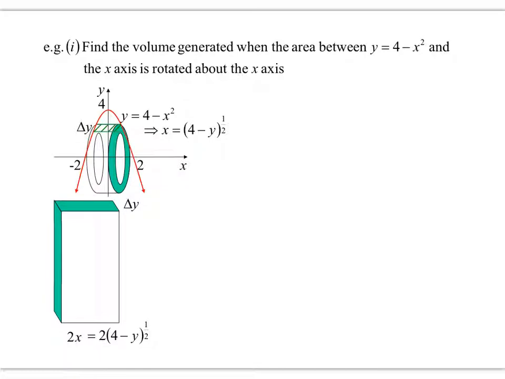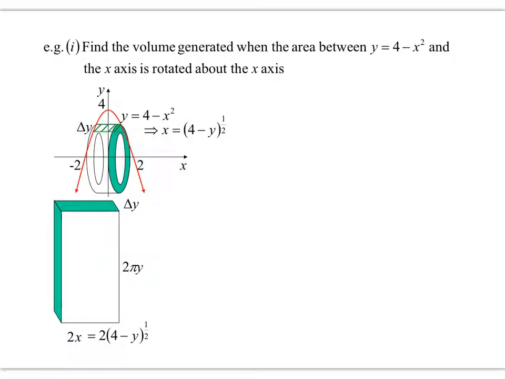And making x the subject here, x squared is the same as 4 take away y. So therefore x is (4 take away y) to the power of a half. So this is where the x value comes in as (4 take away y) to the power of a half.